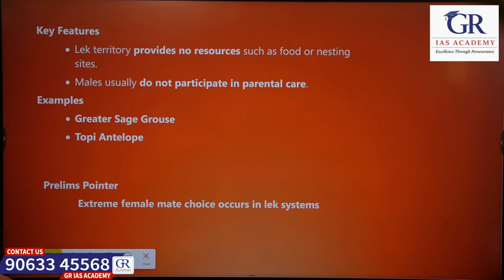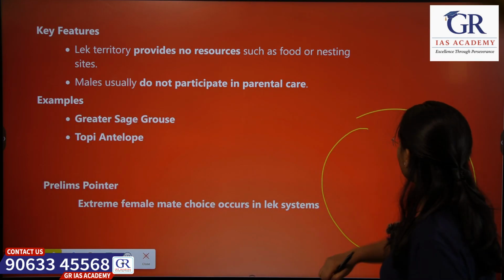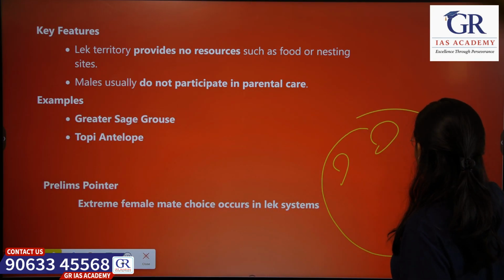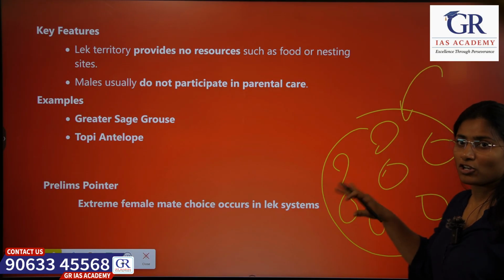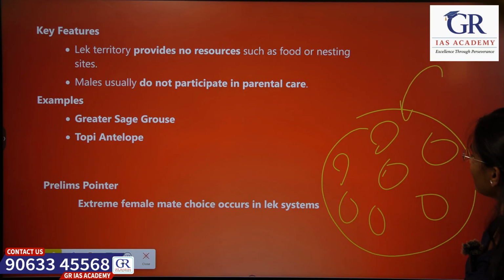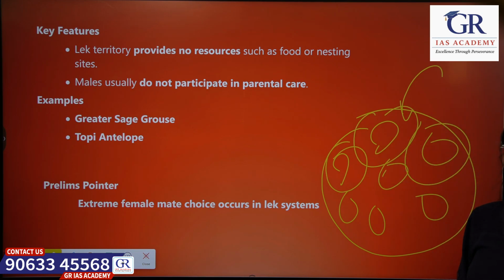And what are the key features of lekking? This arena where this process happens does not provide any nesting or food resources. So these males do not participate in parental care.